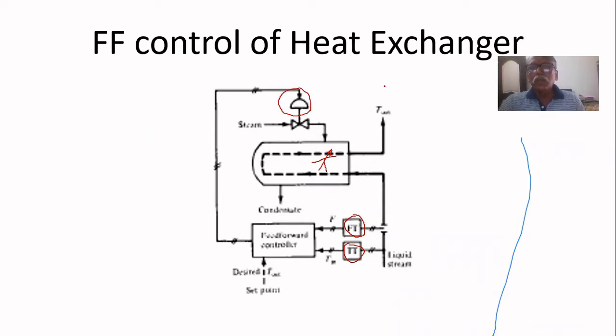But here the feedback controller is not mentioned. In the heat exchanger, the steam is entering into the jacket and transfers its heat to the process fluid. This block diagram represents only the feed-forward controller, that's all.